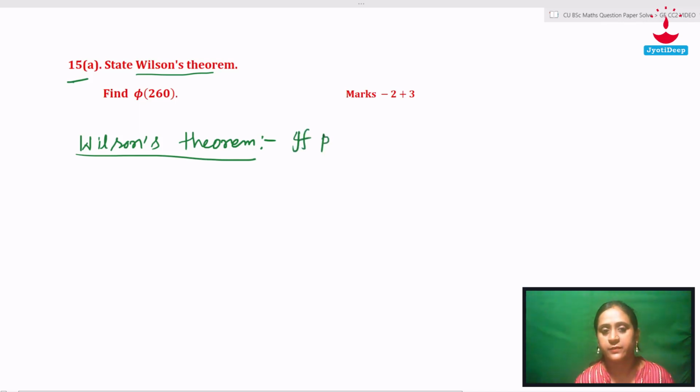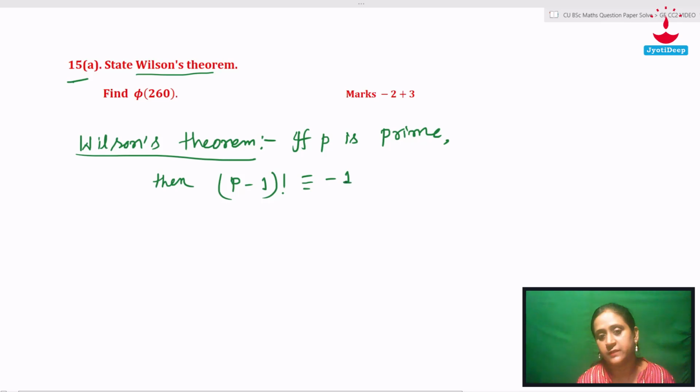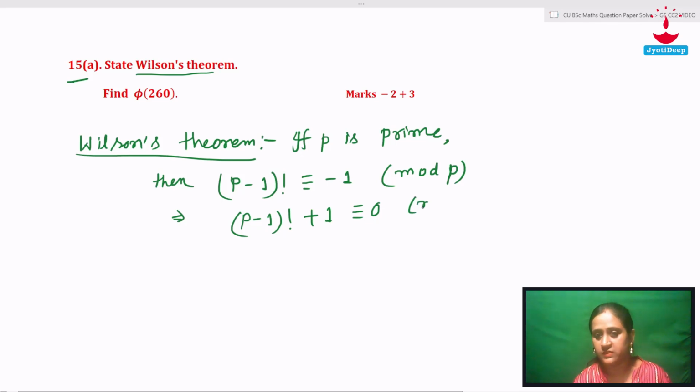If p is prime, then (p minus 1) factorial is congruent to minus 1 under mod p, and this implies (p minus 1) factorial plus 1 is congruent to 0 under mod p.